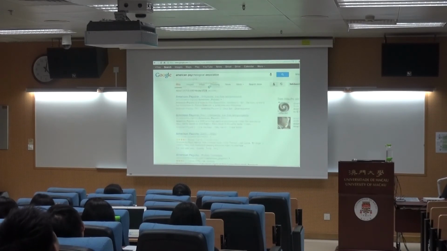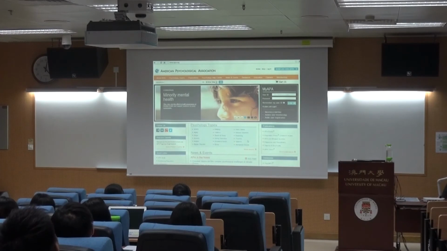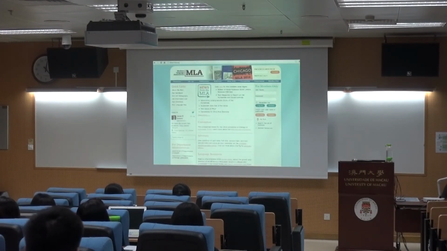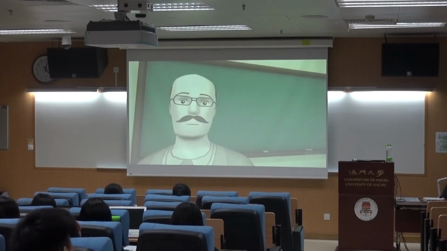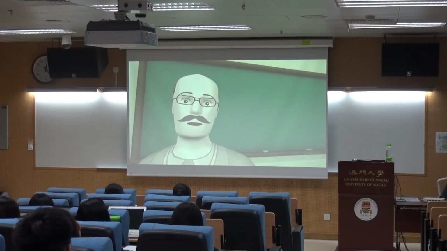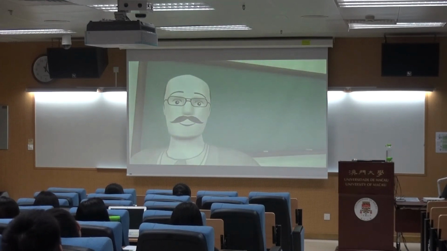APA is the style of the American Psychological Association and is used primarily in the sciences. MLA is the style of the Modern Language Association and is used primarily in the arts and humanities. As your academic careers progress and you get further into your majors, you may encounter other more specialized styles, but APA and MLA are the two most common.